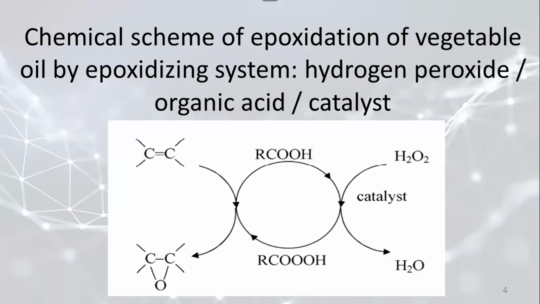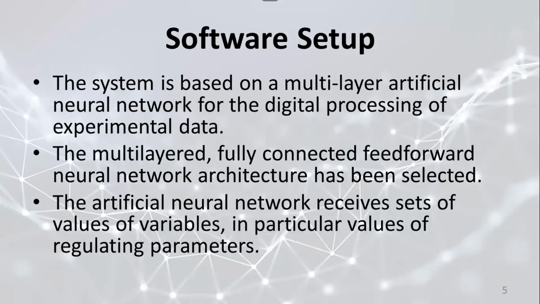The chemical process of epoxidation of vegetable oil by an epoxidizing system is presented on the slide. It contains hydrogen peroxide, organic acid, and catalyst, and this system is based on a multi-layer artificial neural network for digital processing of experimental data.